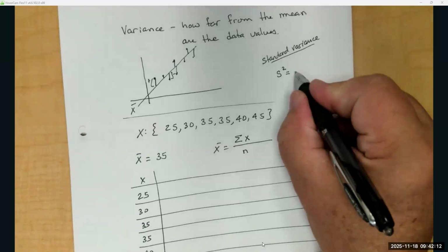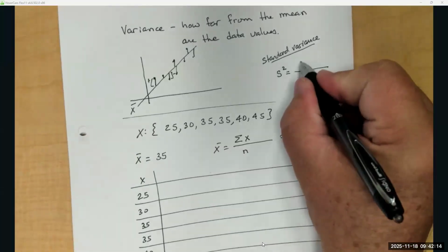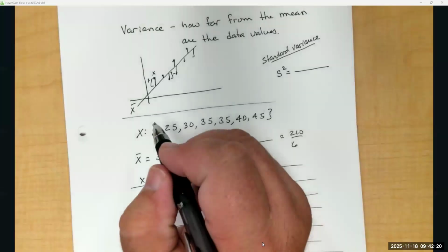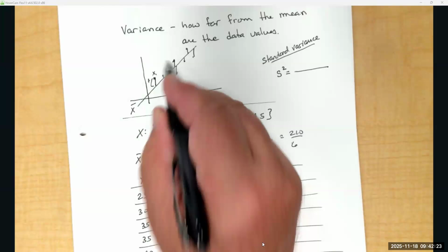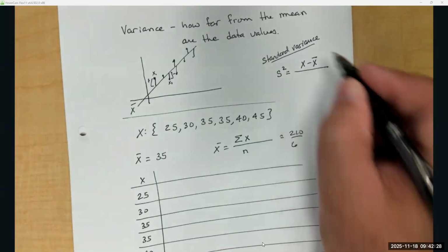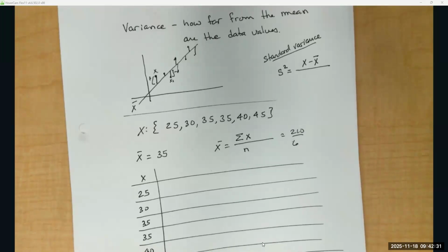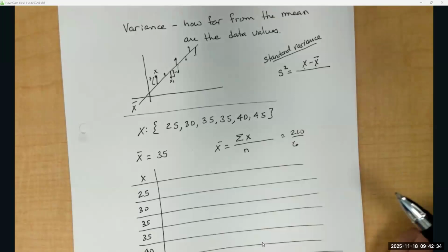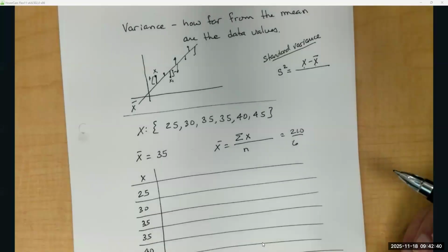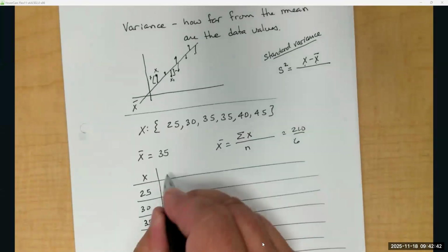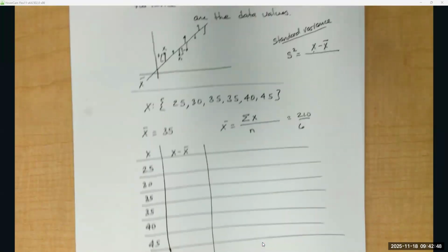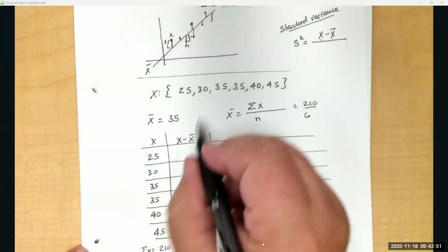The formula for this: the first thing we have to do, since we have the values of our data set, here's x1, here's x2, and here we have our mean. We have to subtract the mean from each of our data values. Why? That's going to tell us how far away from the line it is. So here we have to do x minus x bar. Remember, x bar is 35.